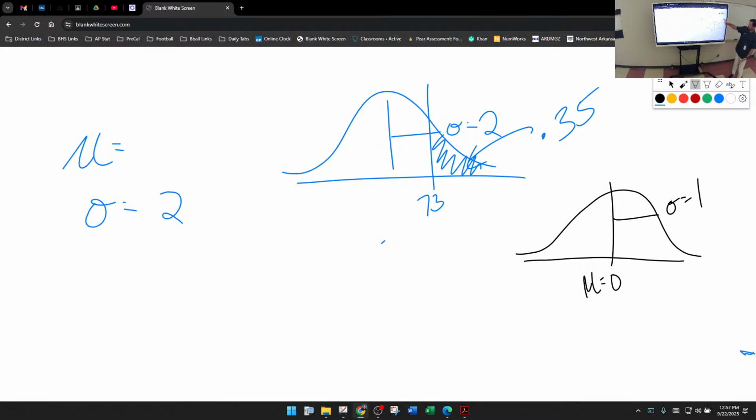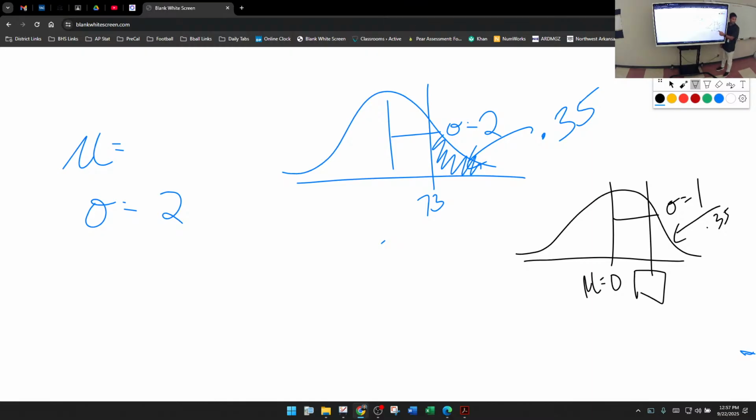And if I know that 35% are taller than 73, I can say that 35% are taller than whatever that value is, because I can do inverse norm of 0.35 with that mean and that standard deviation, and I can get that z-score. Are y'all with me on that? I'm kind of doing this without actually doing it, but I'm doing it.